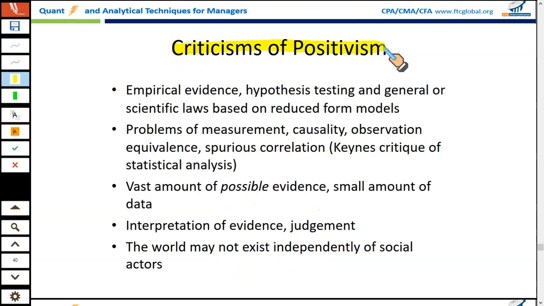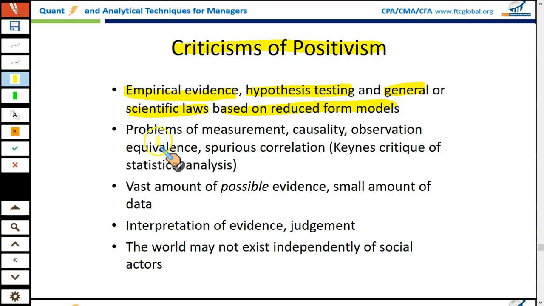Criticisms of positivism. The first line says, empirical evidence, hypothesis testing, and general or scientific laws based on reduced form models. This criticism argues that positivism often relies on simplified models or observable evidence to test theories and create laws. However, these simplified models might not capture the full complexity of the real world.